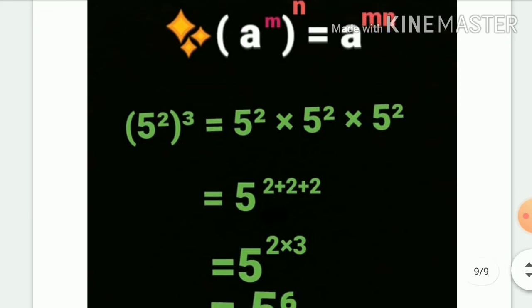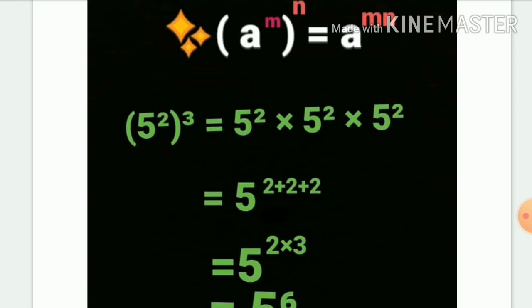5^2 is our inside thing, having the index 3. So the inside thing will be multiplied 3 times: 5^2 multiplied by 5^2 multiplied by 5^2. Now we consider the first 2.